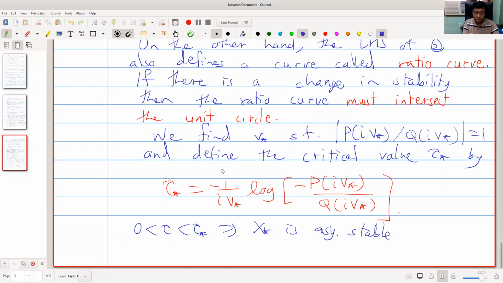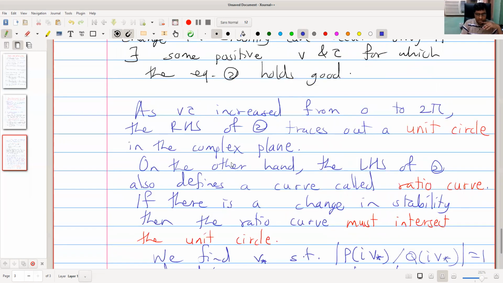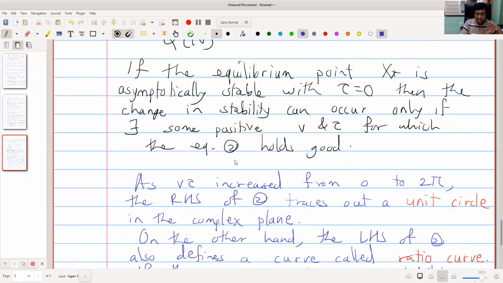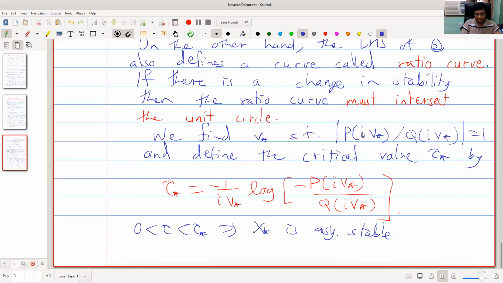Note that in this case we assume that the equilibrium is asymptotically stable with tau equal to 0. So stability continues up to tau star, and at tau star stability changes.